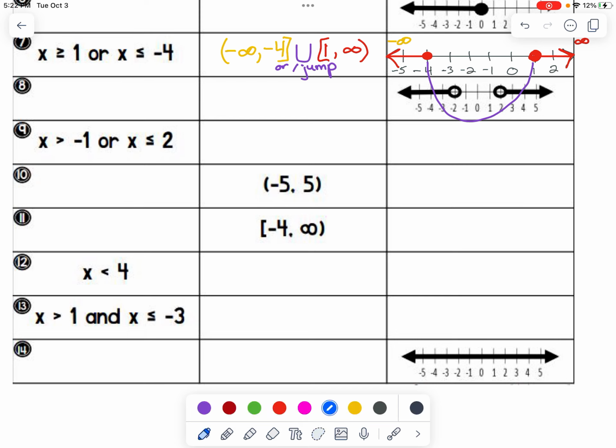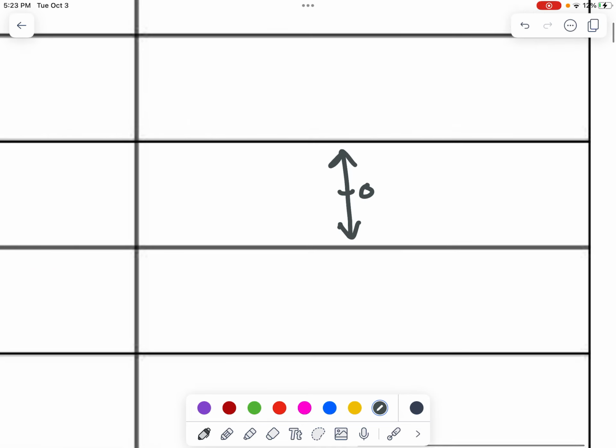So let's pretend that this is range. So my range, right, this is like a number line going up and down. Well, if 0 is here, and let me just zoom in, and I've got -4 here, well, going up to the sky, this would be my infinity.